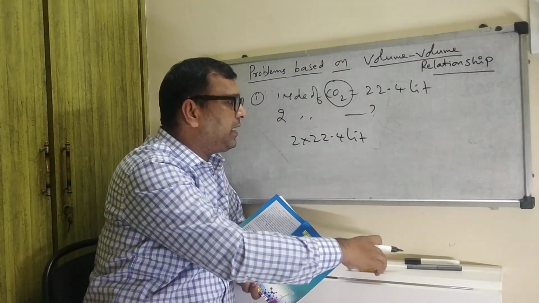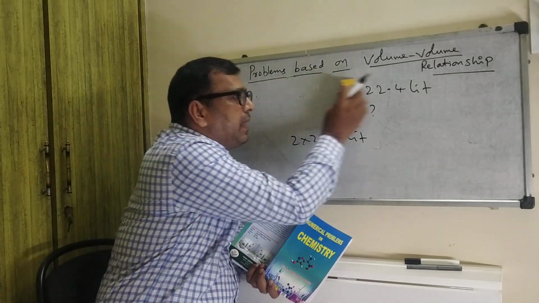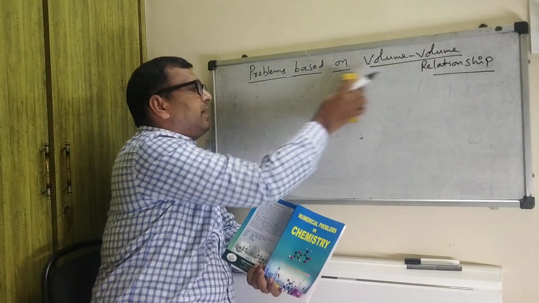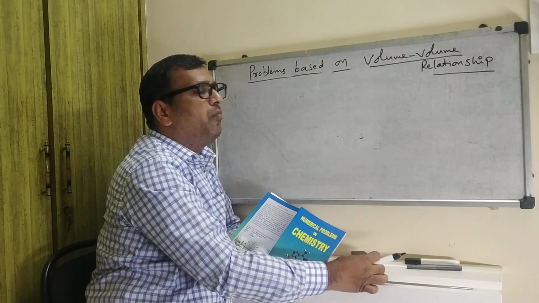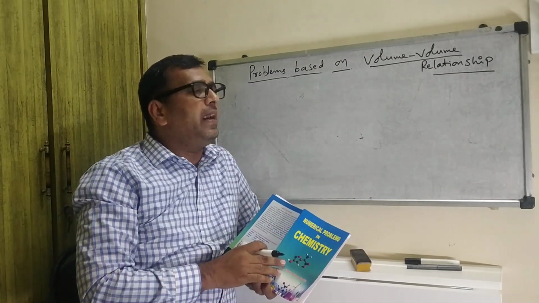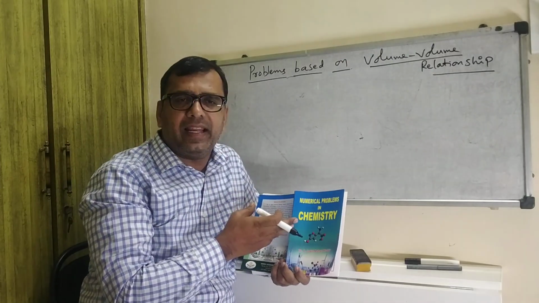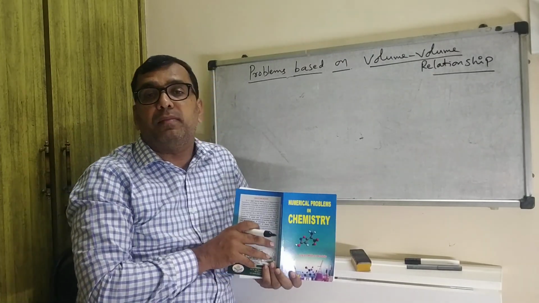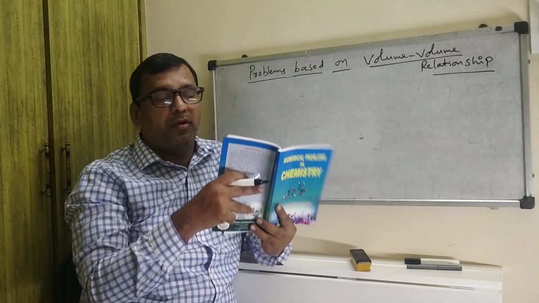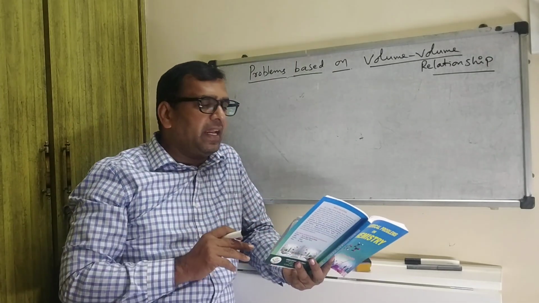So now I am explaining the volume relation in the problems. I explained clearly in numerical problems in the chemistry book. Today I am going to explain volume relation once again.